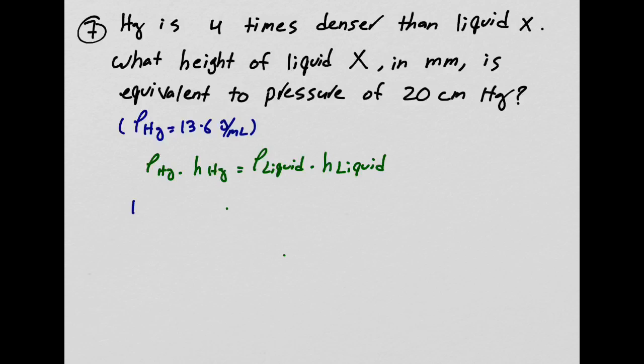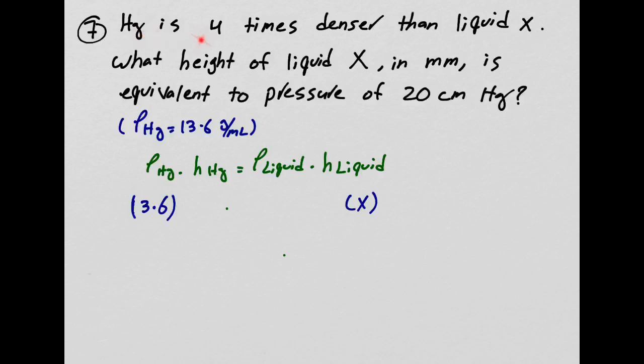Density of mercury is 13.6. Now, in this question, they ask you for the height of the liquid. I know this is my x. They also tell me the pressure. Let's go over this one more time.